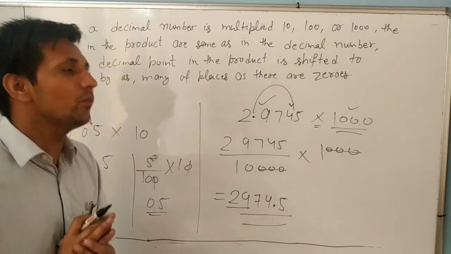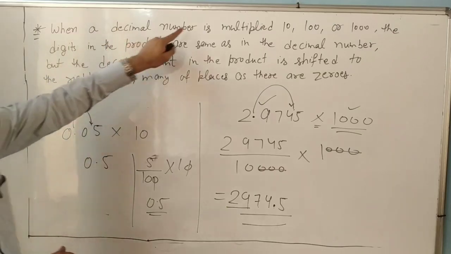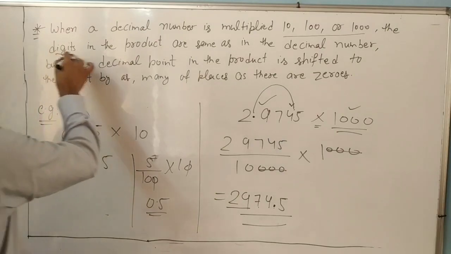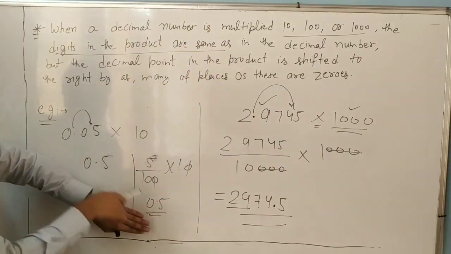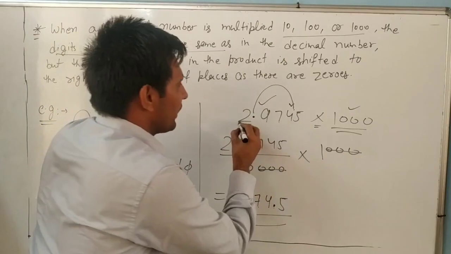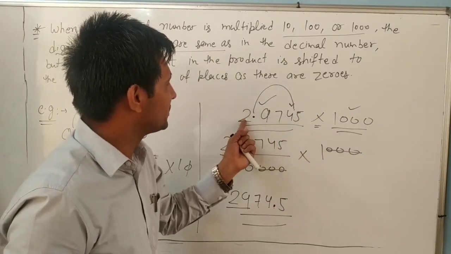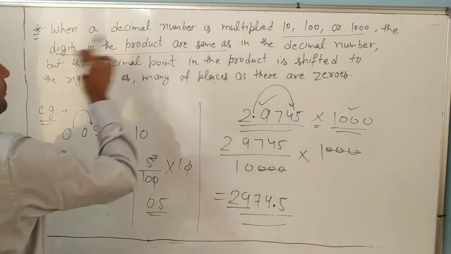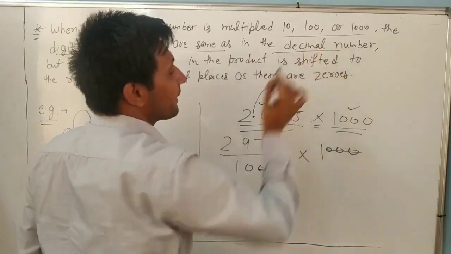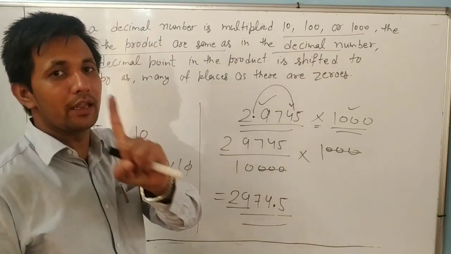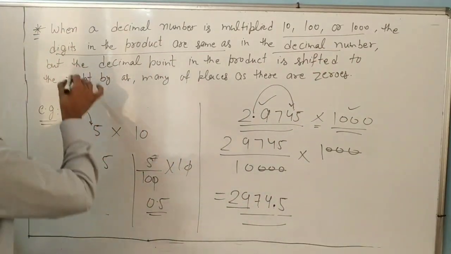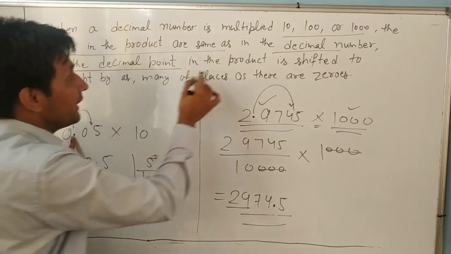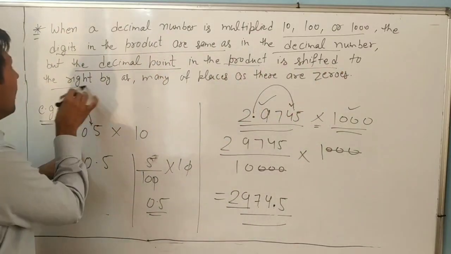Understand? So only one thing you have to remember, dear: when a decimal number is multiplied by 10, 100, 1000, the digits in the product are the same. The digits are the same, so 5 is as it is here. The decimal point in the product is shifted to the right.